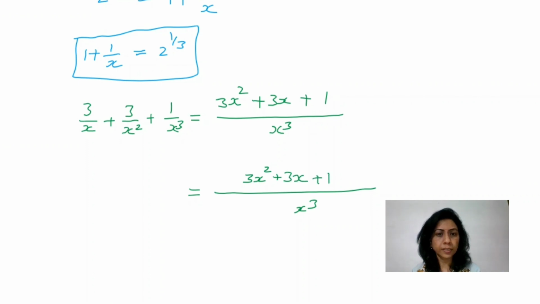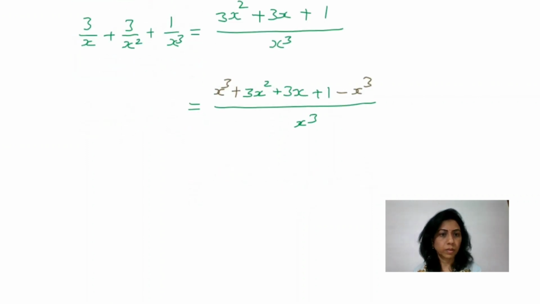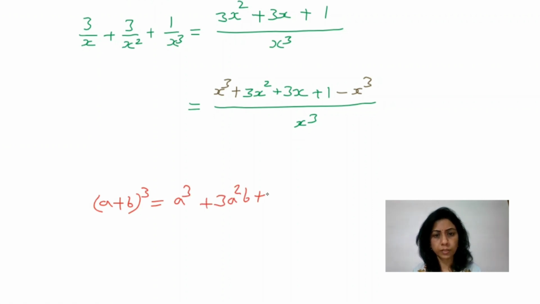If I add x cube and subtract x cube here, this is an algebraic identity: a plus b whole cube is a cube plus 3a square b plus 3ab square plus b cube.